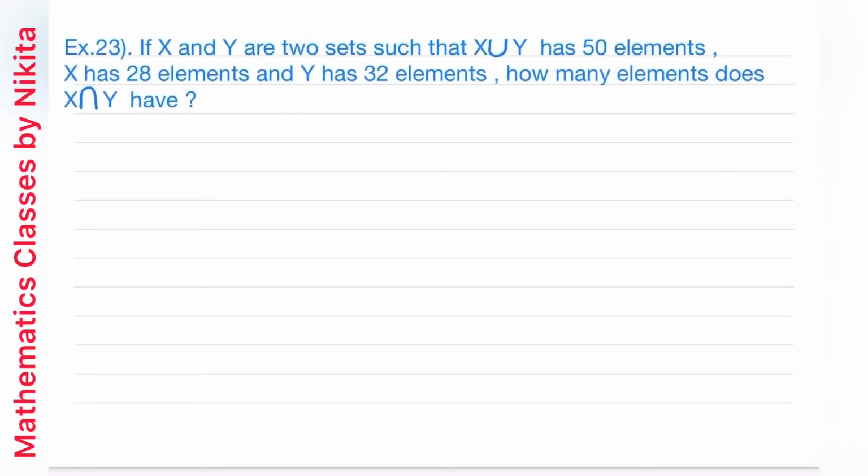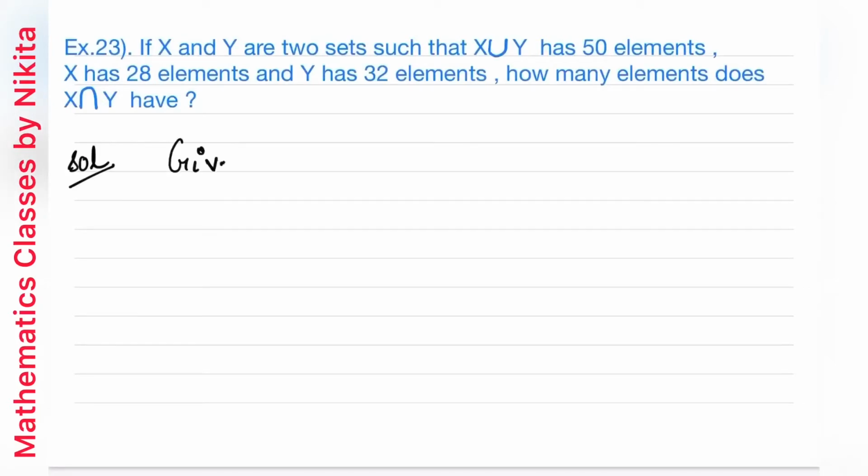So the first one is example number 23 of your NCERT book, and it says that if X and Y are two sets such that X union Y has 50 elements, X has 28 elements and Y has 32 elements, how many elements does X intersection Y have? So what is given to us? First of all, just write what is given to us.